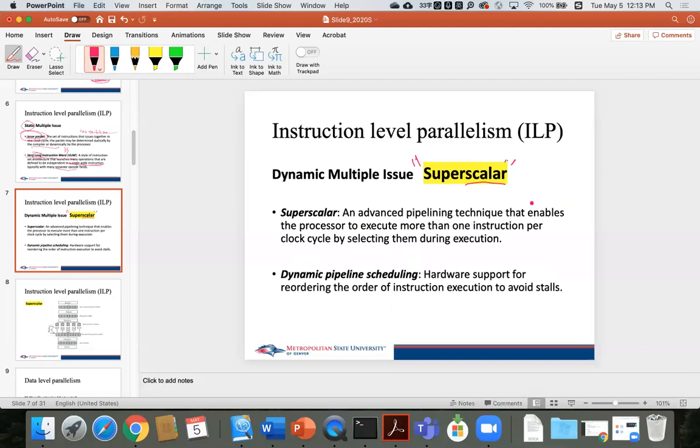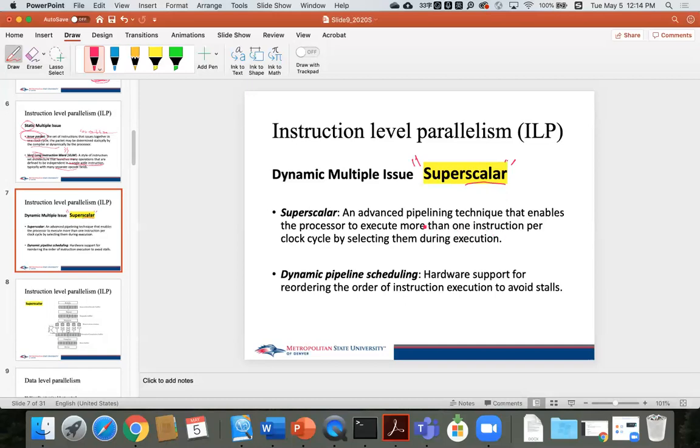But if a computer could perform the dynamic multiple issue technique, then it is called a superscalar. Compared with a scalar machine, superscalar means advanced. It is also similar to the pipeline technique. It is an advanced pipeline technique that enables the processor to execute more than one instruction per clock cycle by selecting them during execution.